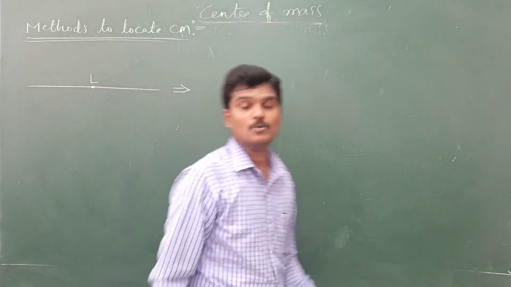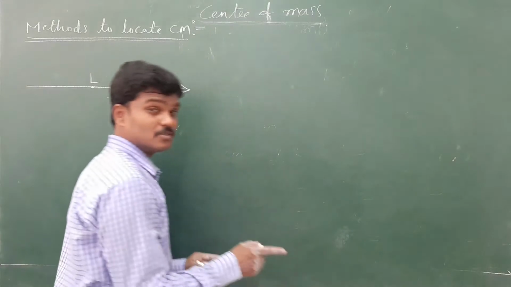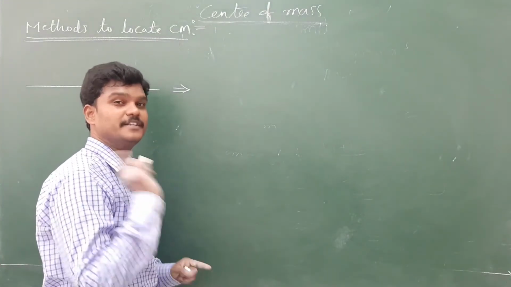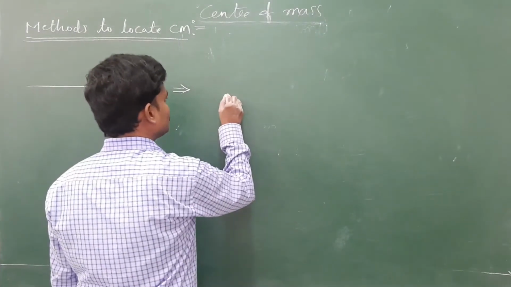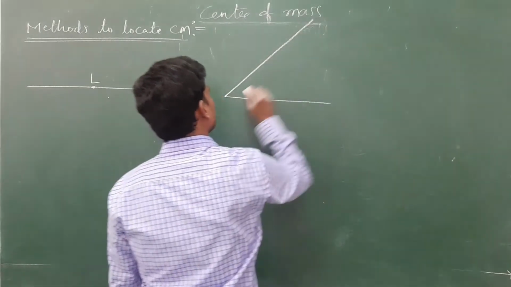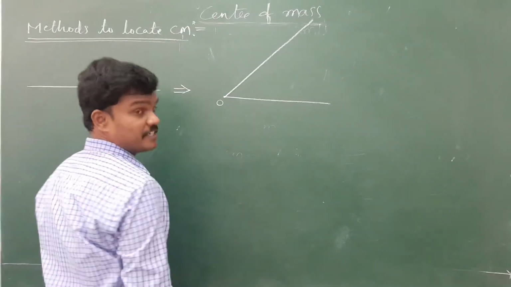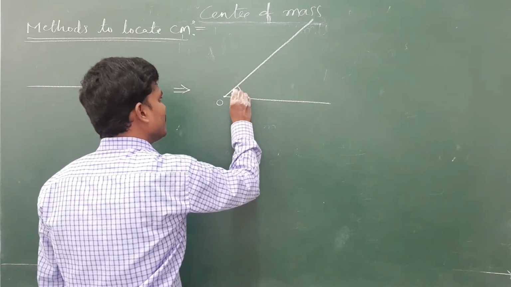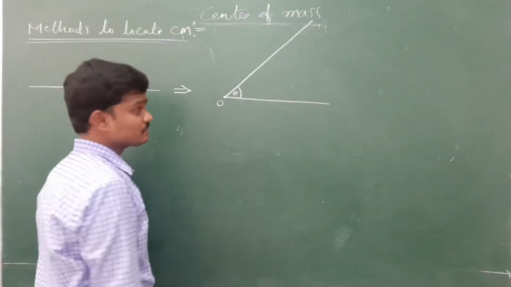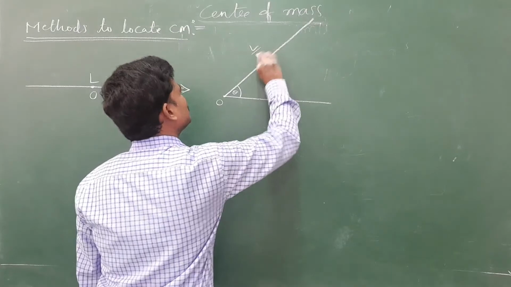Consider a thin rod whose length is L, bent at the midpoint such that the two parts make an angle theta. If it is O, it is bent here. This part length is very clear, L by 2. This is also L by 2.